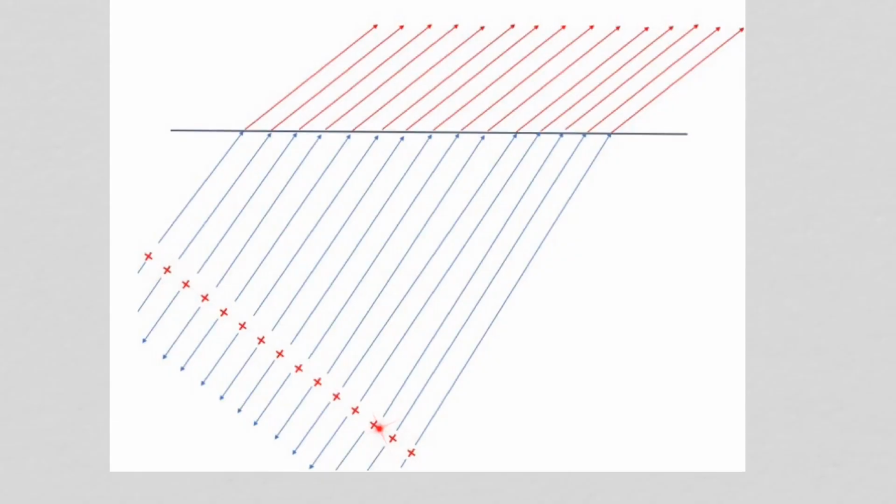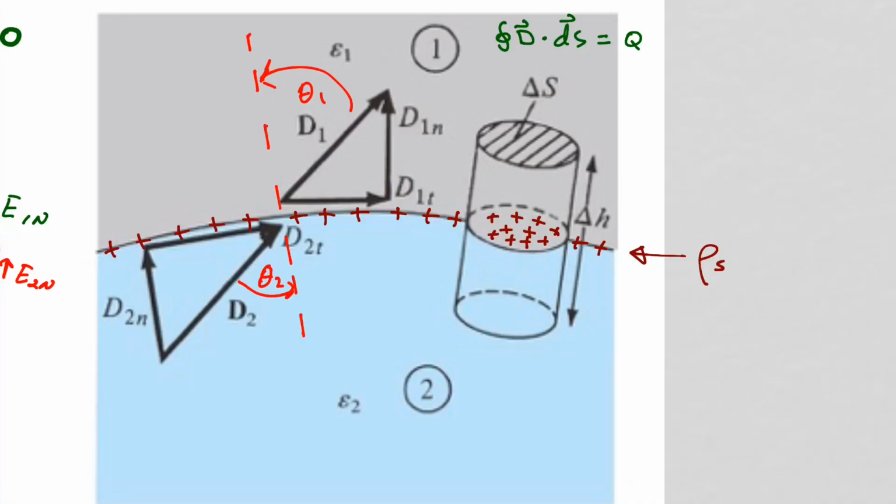The Gaussian surface we're going to choose is one whose sides are normal to the interface and whose top and bottom are parallel, like this cylindrical structure we're showing. The tangential components of the electric flux density field go into the Gaussian surface and come out, so there's no net flux coming out of the side.